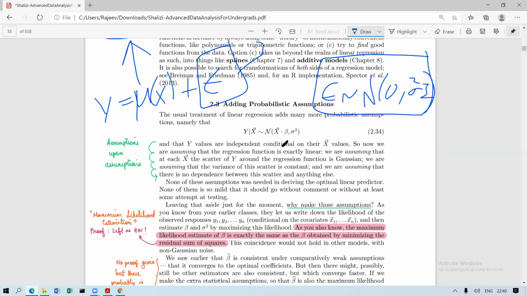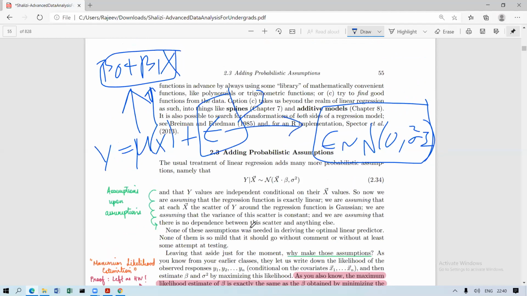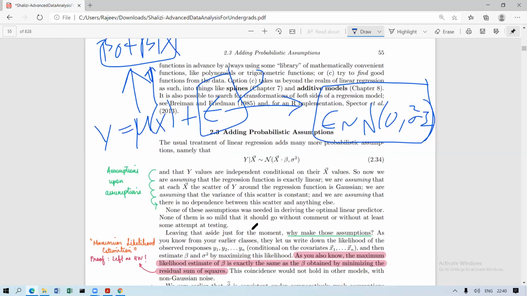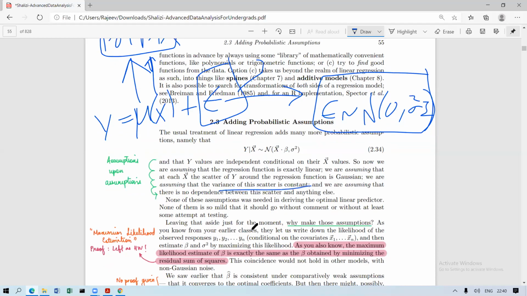We are assuming that the regression function is exactly linear. That is, this is the case, and the noise comes from a standard normal that is independent of x. The variance of the scatter is constant, which indicates, if I expand it out, that in all the dimensions this variance is always constant.